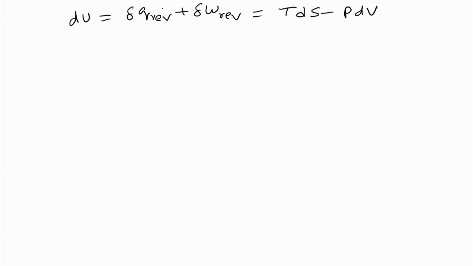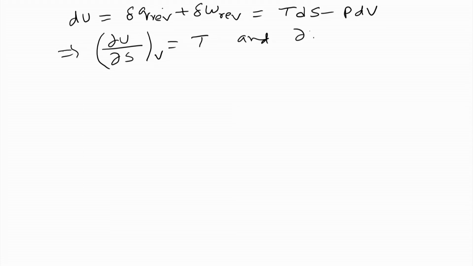From here we can write del U by del S at constant volume is T, and del U by del V at constant S is minus P. So from here we get the definition of absolute temperature: if we calculate del U by del S at constant V, we get temperature.